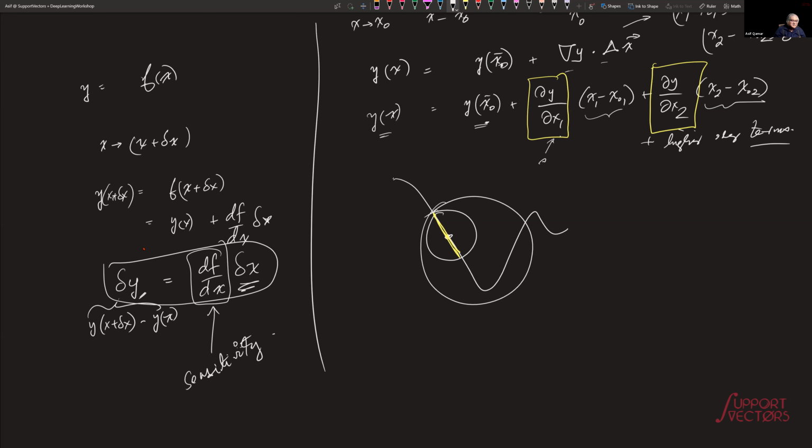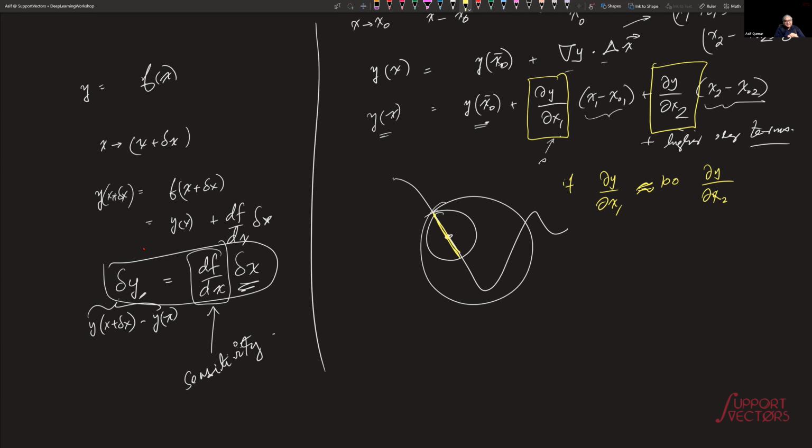And so what happens? Let me ask you this question. Suppose this slope, dy/dx1, is 100 times dy/dx2, approximately. What does it really mean?